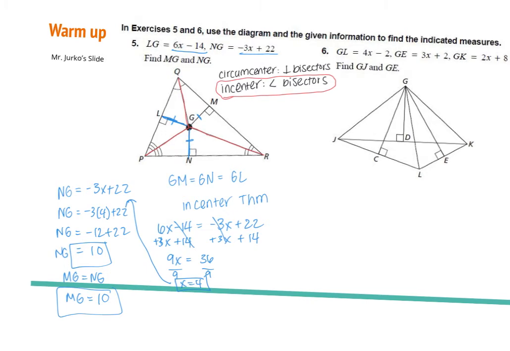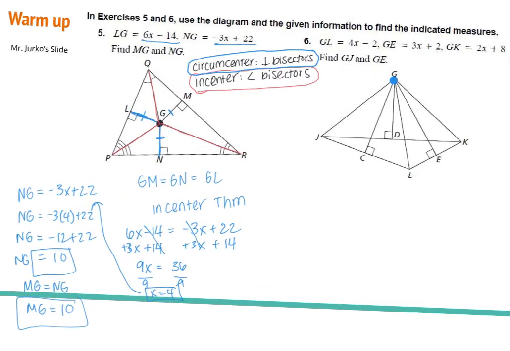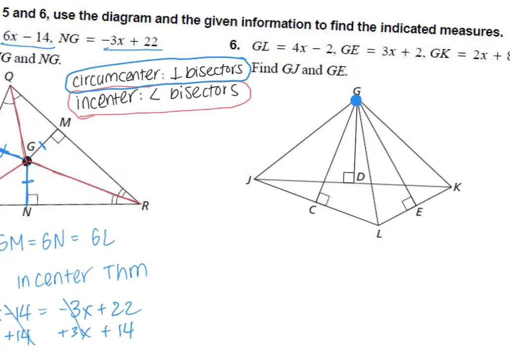For number 6, is this the incenter or the circumcenter? Circumcenter. Why? Because perpendicular bisectors. Good. Each of these is a perpendicular bisector.